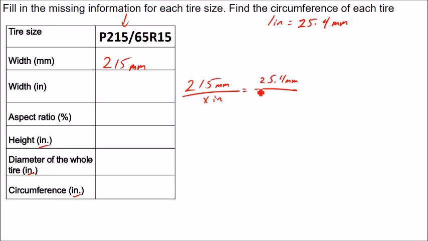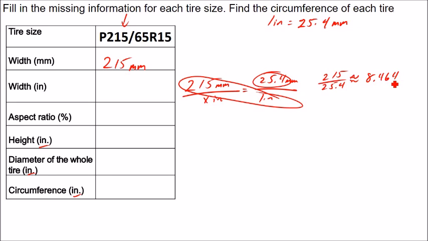I'm going to keep all the units the same, so the millimeters on top, and the 1 inch goes on bottom. So from here we're going to cross multiply and divide. So I've got 215 divided by 25.4, and that gives us approximately 8.464, which we're going to round to 8.46.